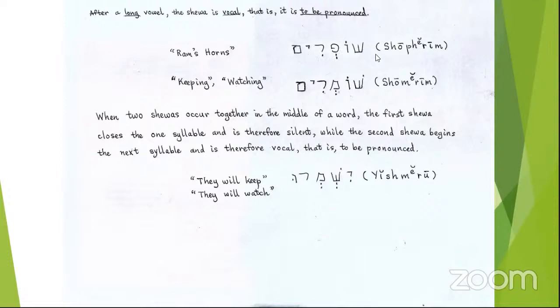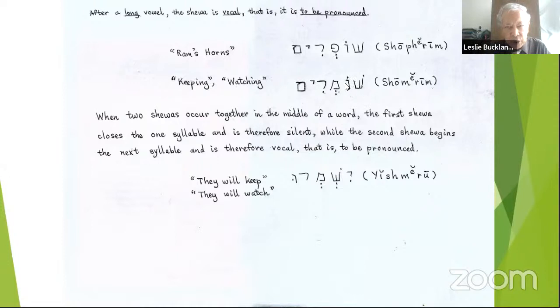Shofarim. Another example is shomerim. Shomerim, this is a different word. Shofarim is ram's horns. This word here, shomerim, means keeping or watching. Notice the long vowel here, the long O sound.